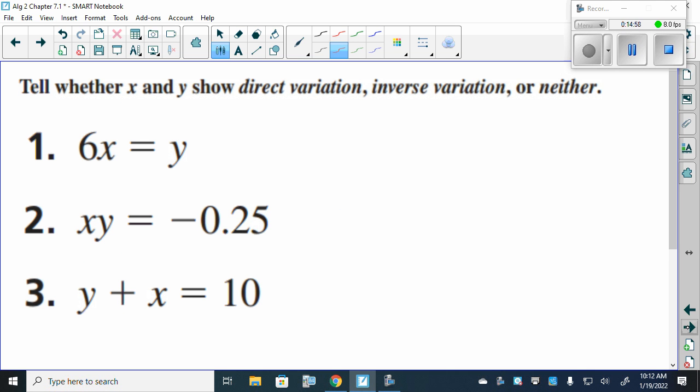Now, looking at these next three here, number one, as well, does follow and is set up in the exact same way of y equals a times x. So it would be direct. How about number two?